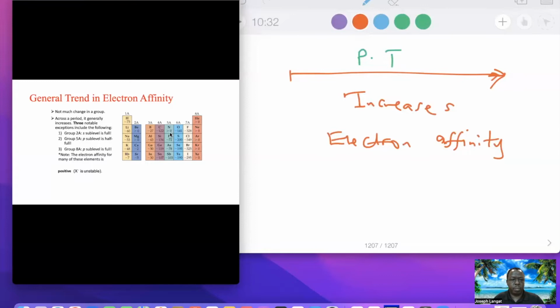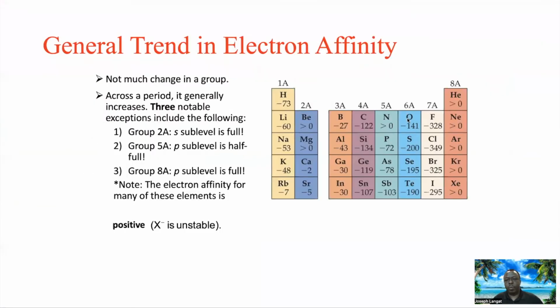It's hard to add, but here a lot of energy is given off compared to this. You are wondering why group 4A gives a large amount of energy, or has a higher electron affinity compared to 5A. It is because of the filling of the p sublevel, and half full will make it easier to add an electron.